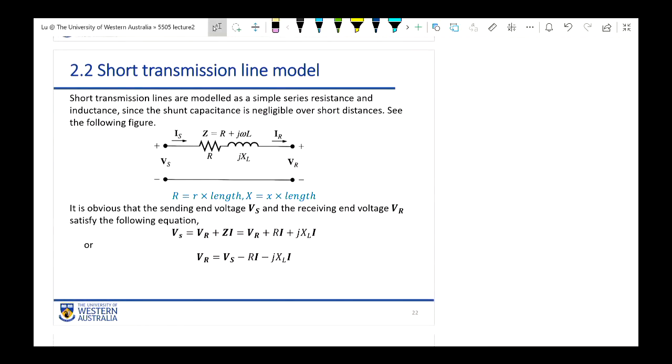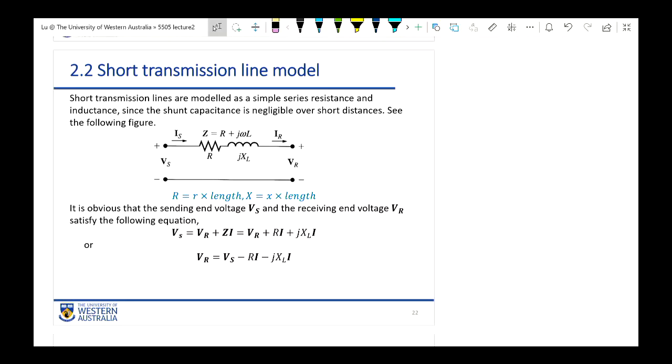Now we start from the first, the easiest transmission model, the short transmission line model. Typically, the distance should be smaller than 80 kilometers. The short transmission lines are modeled as a simple series resistance and inductance.